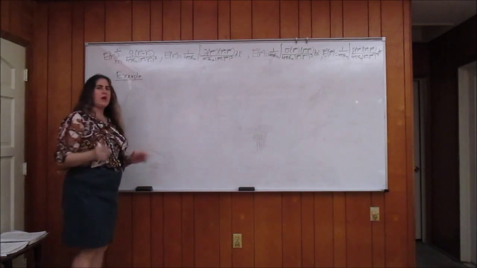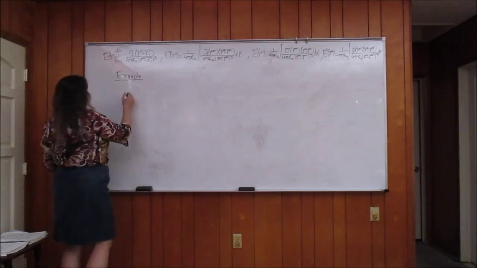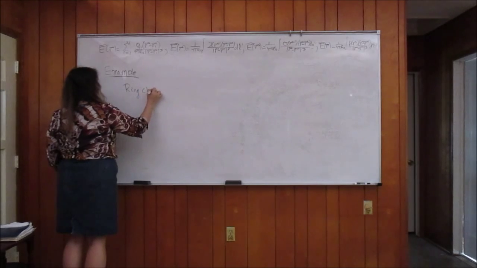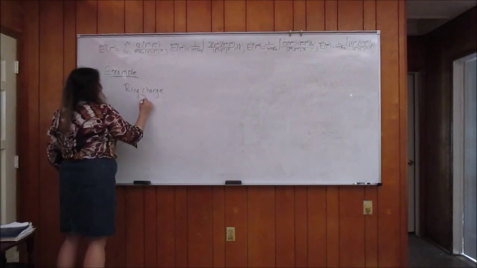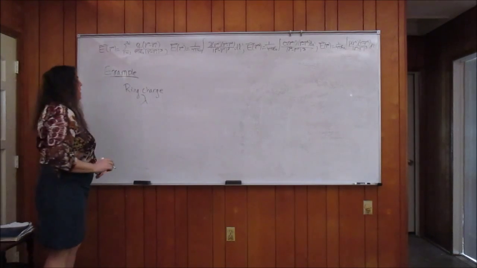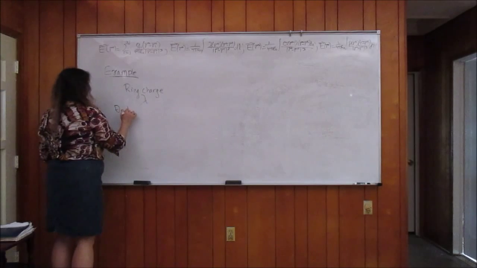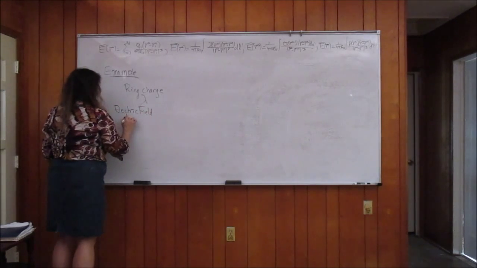Now, the next couple of problems, I'm not actually going to work them out, but I will set them up. Let's say that you have a ring charge, or a charged ring if you prefer. And in this case, your ring charge carries uniform charge density lambda. And you want to figure out what's the electric field along the z-axis.